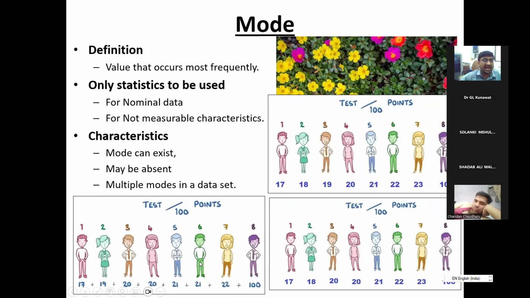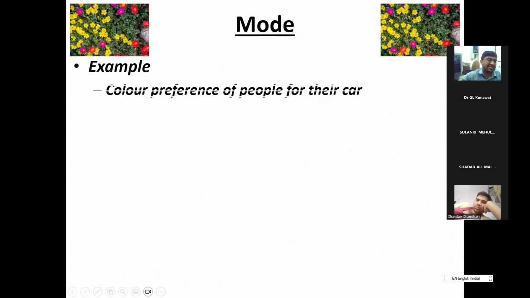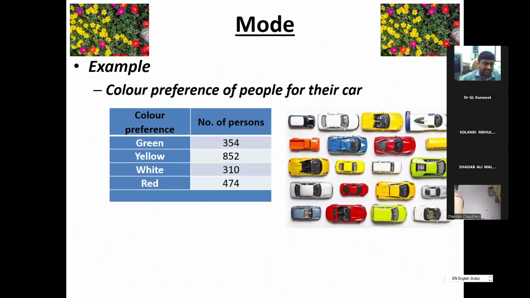Let us see an example: the color preference of people for their car. More people chose yellow, and that is why the mode is yellow.